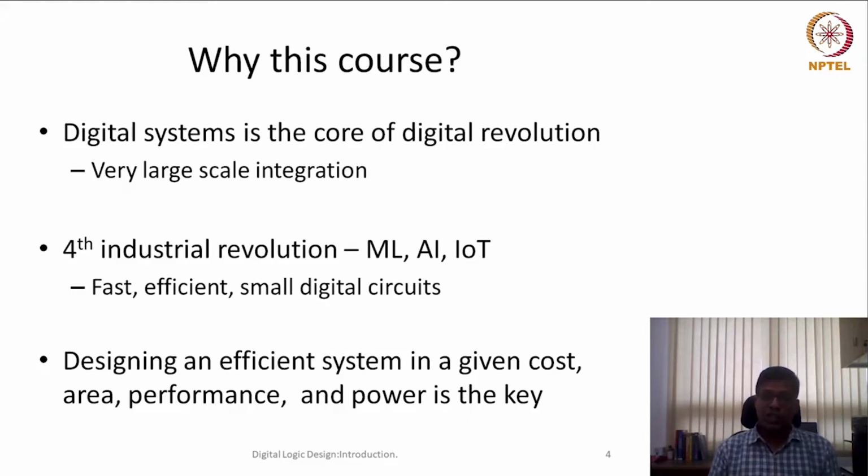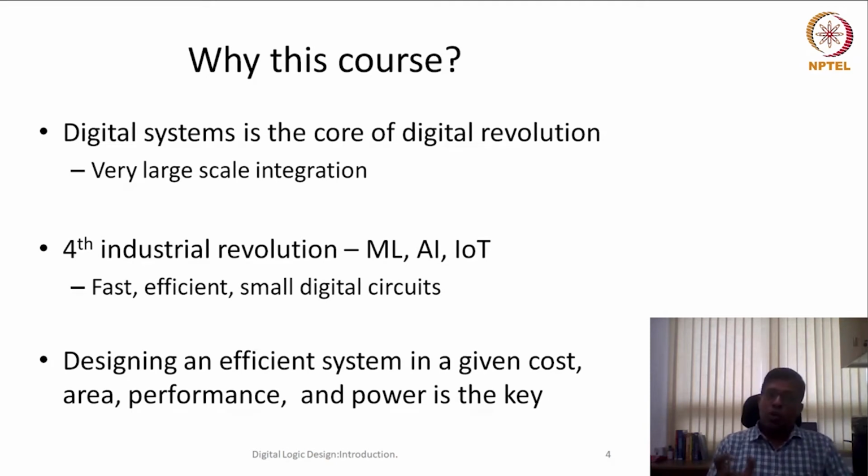We can have one-to-one discussion, face-to-face discussion. We can also have one teacher or instructor speaking to hundreds or thousands of students at the same time in online teaching. All of these things are possible because of the digital revolution, because of the internet, and all of these things happened because we had digital systems in place.